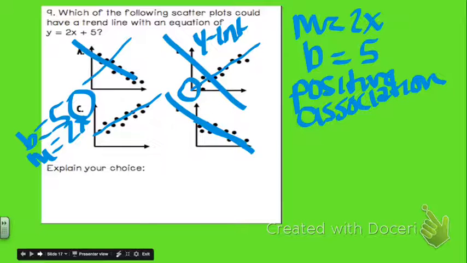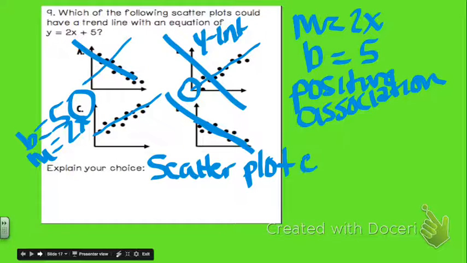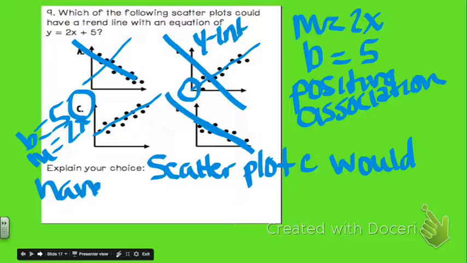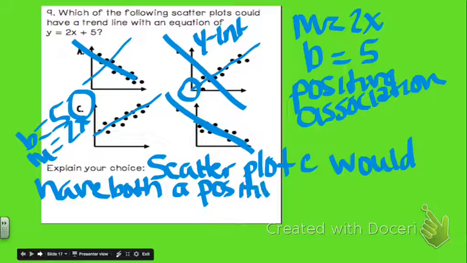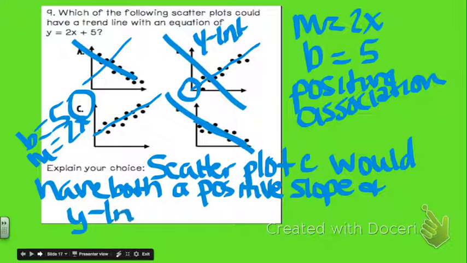So I'm going to say C is my answer, and I'm going to write down here that scatter plot C would have both a positive slope and y-intercept.